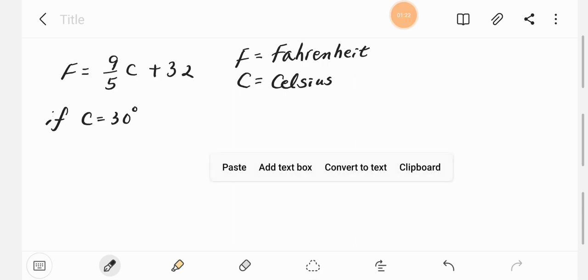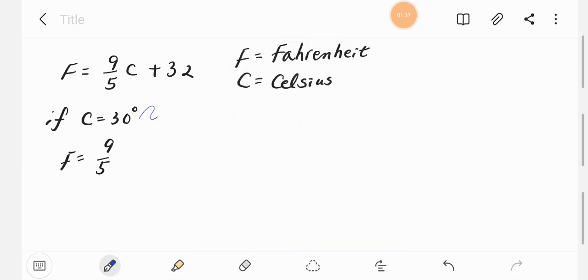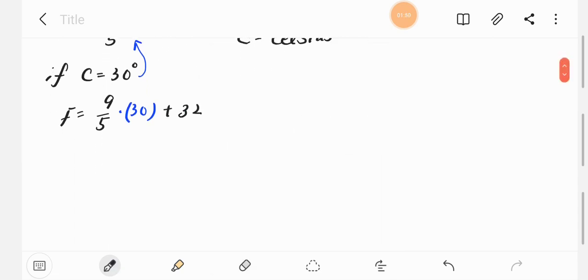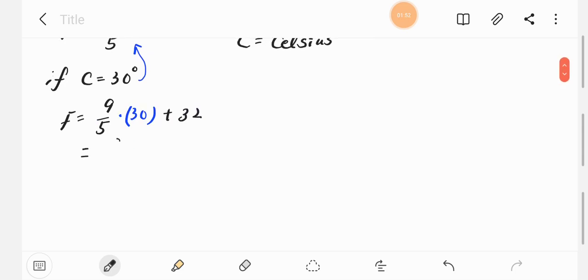So if the Celsius is 30 degrees, then what we can do is just plug in 30. So 9 over 5, and instead of C, replace C with 30. And then simplify the expression on the right side. 9 over 5 times 30, you can reduce.